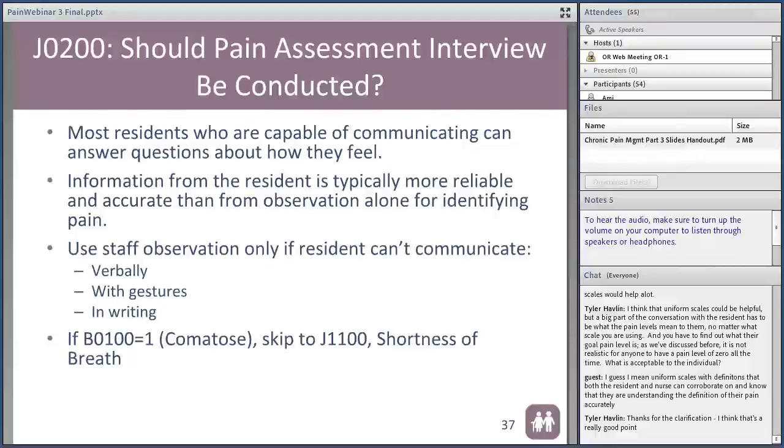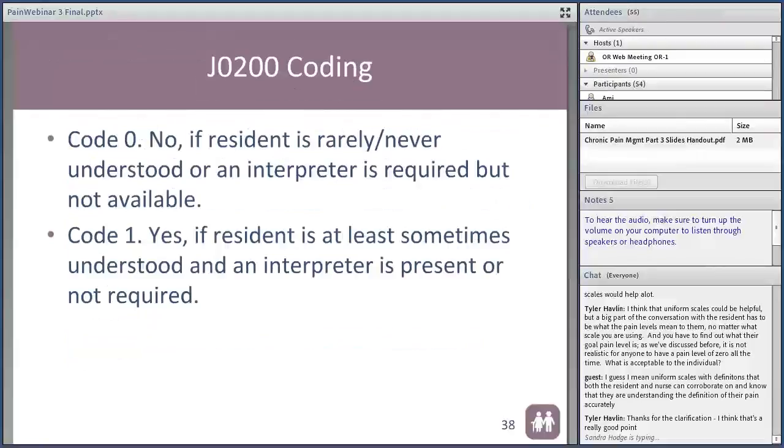Information from the resident is typically more reliable and accurate than from observation alone for identifying pain. And then, of course, we will use the staff observation only if the resident can't communicate verbally, with gestures, or in writing. And then, of course, if B100 is 1 equal comatose, then we're going to skip because they're not going to be able to be interviewed.